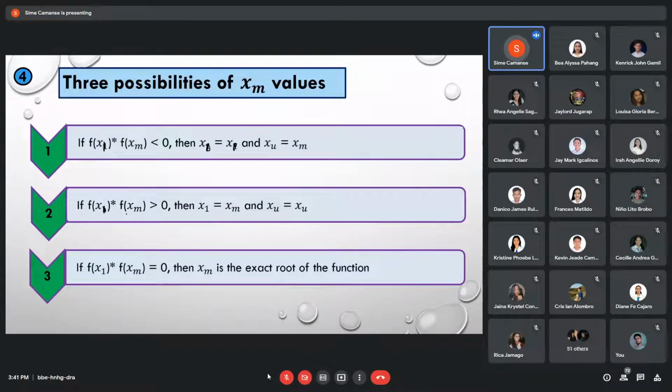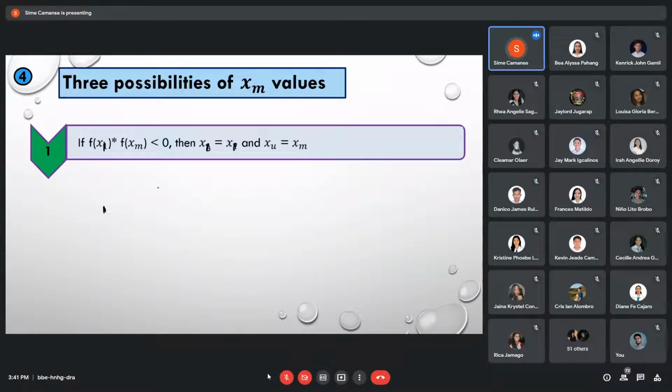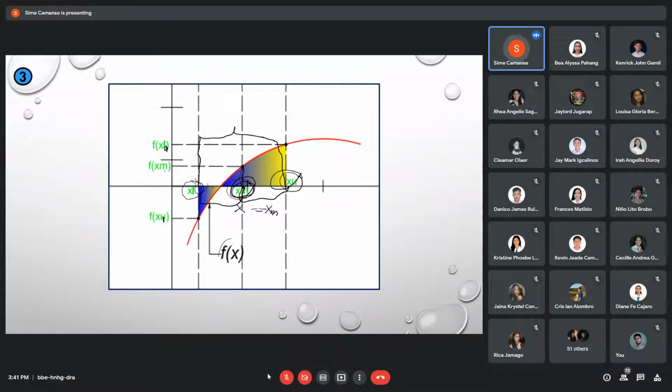So both are negative. So meaning to say dapat daw nga ang imong xl mo-pulihan nimo mahimo na tong xm and your xu is equal to xu. So meaning to say ang imong f of xm ani ang nakuha is negative. Function of xm is negative. So aron naa tay changing sign gihapon dapat magpabilin na imong xu here.